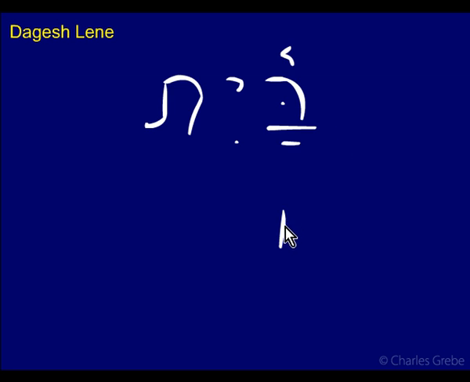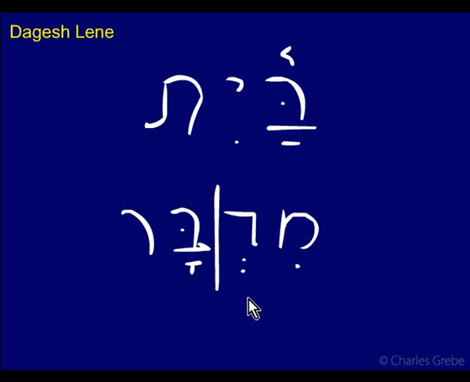Okay, let's do another one. We'll do midbar, which I think we already have seen. It means wilderness, midbar. And let us put our syllable division in there. So here we have a bet, which is a Begad Kafat letter, and it begins a syllable, and there is no preceding vowel.